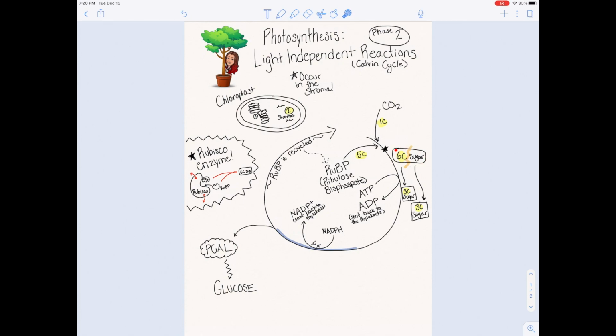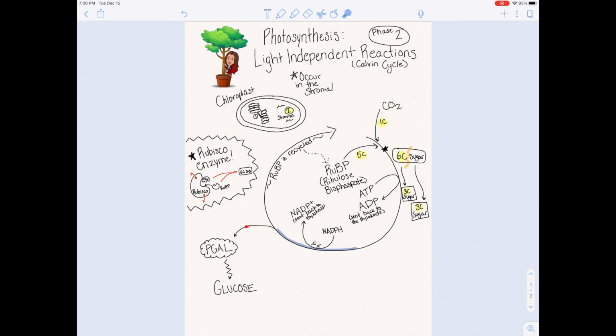So our light-independent reactions allow for carbon dioxide and RUBP to combine using a rubisco enzyme to form a 6-carbon sugar. We use an ATP molecule to break that 6-carbon sugar into 2 smaller 3-carbon sugars. Then with a bunch of processing and with an NADPH losing its electrons and hydrogens, it will become NADP+, which is also sent back to the light-dependent reactions.